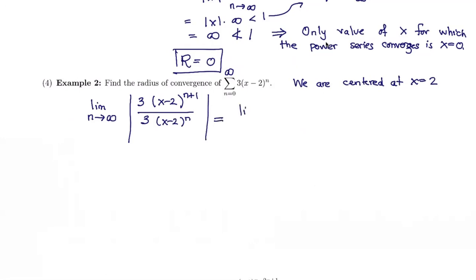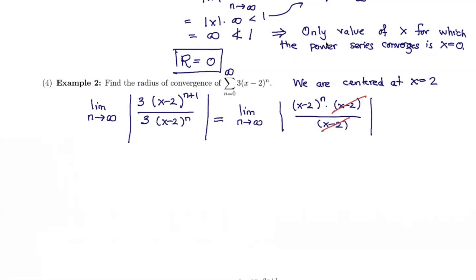This is going to be the limit now as n goes to infinity, the 3's, of course, are going to cancel out, of the absolute value of (x minus 2) to the n times (x minus 2) all over (x minus 2) to the n.